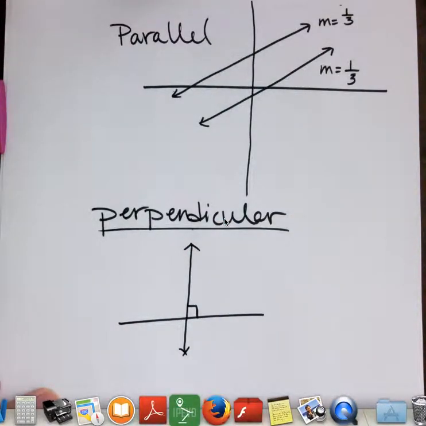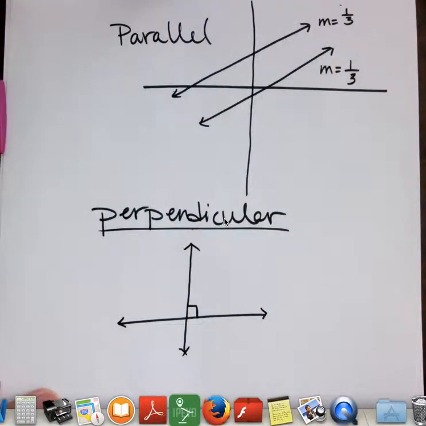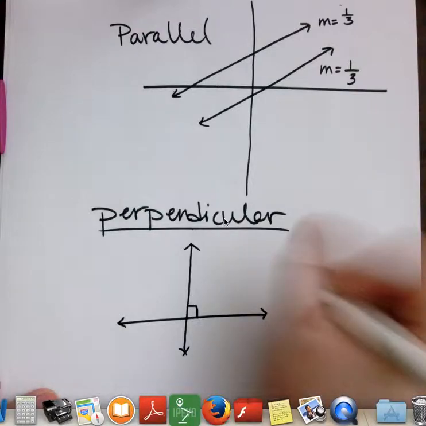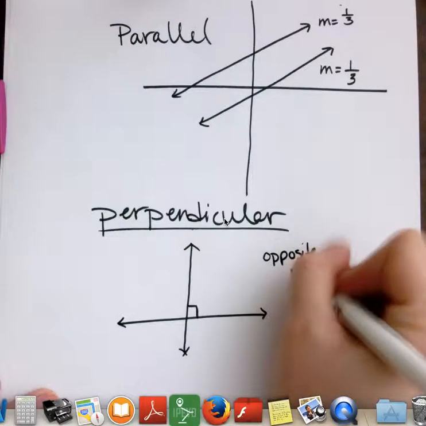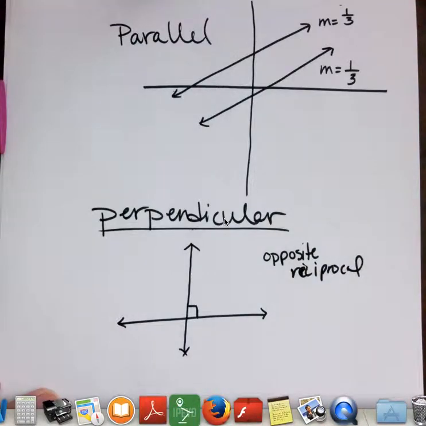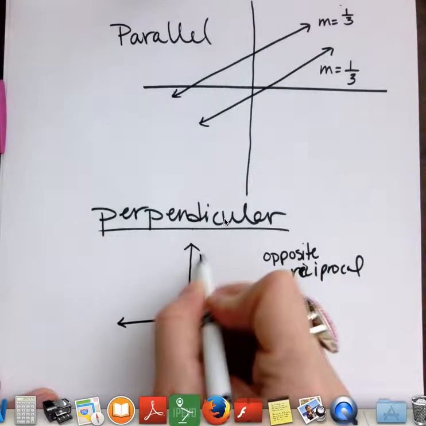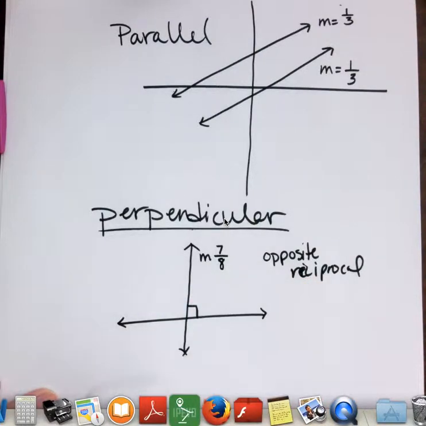With perpendicular lines, they have a special relationship with their slope as well. It's not going to be the same, and it's not going to be the opposite, but it's what we call the opposite reciprocal. That means if the slope of this line was 7/8, it looks pretty undefined to me, but we don't know.